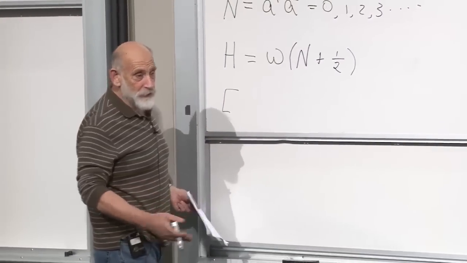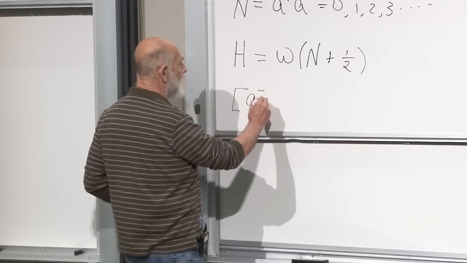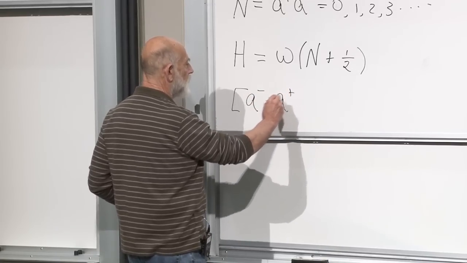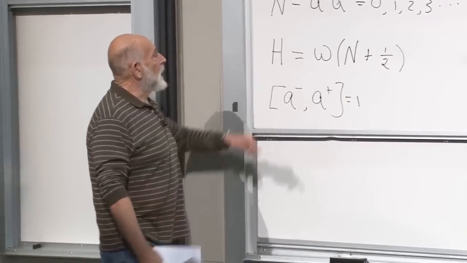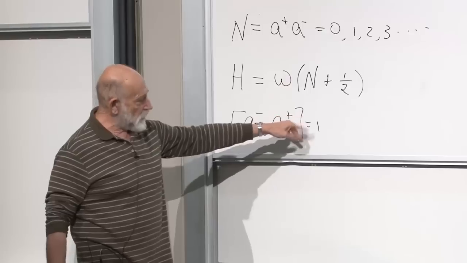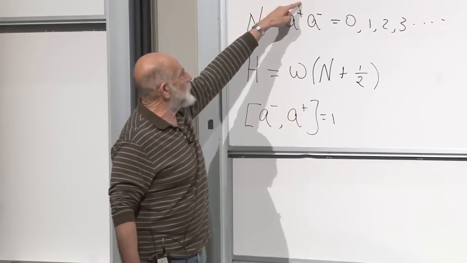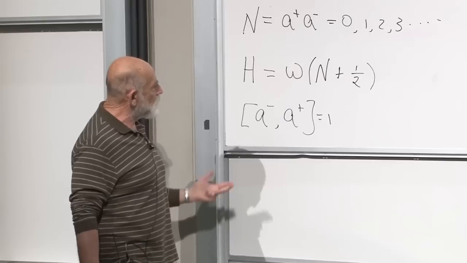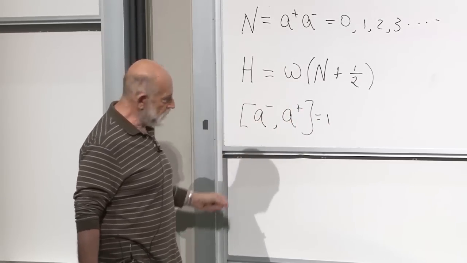Sometimes, of course, you get garbage, but the commutator of a minus with a plus is just equal to 1. Had I not put the square roots of 2 omegas down there, the commutator would have been something a little messier. And so really the reason for dividing by the square root of 2 omega here was to get rid of anything on the right-hand side, to divide it away.